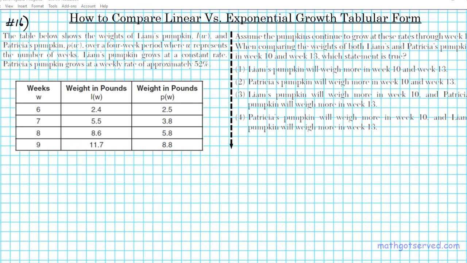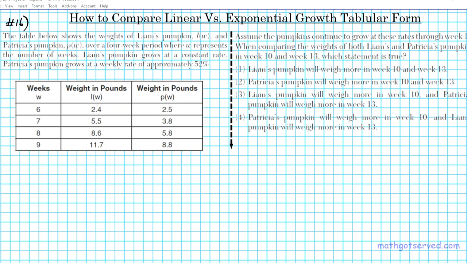Okay, so the question reads: the table below shows the weight of Liam's pumpkin, L of W, and Patricia's pumpkin, P of W, over a 4-week period, where W represents the number of weeks. Liam's pumpkin grows at a constant rate. Patricia's pumpkin grows at a weekly rate of approximately 52%.